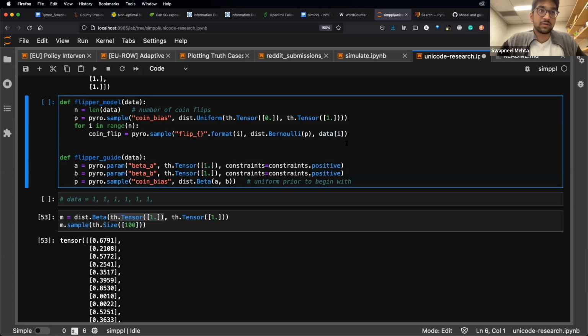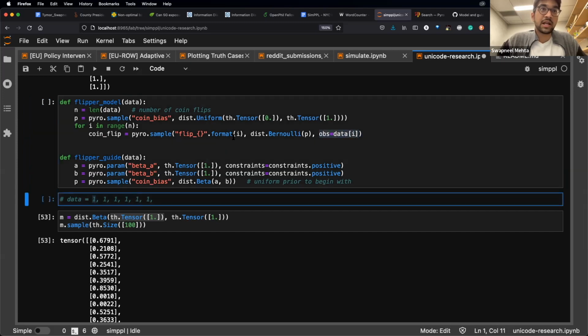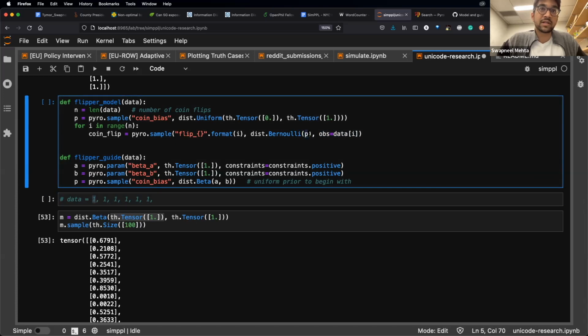I will pause here and slowly repeat what I said. Every time it sees this observed data, it tries to update this parameter, the parameter P of this distribution Bernoulli, to match this coin flip to what was actually observed at that point in time. So each time it sees a 1, it will try to increase the probability of 1 such that you actually end up generating 1.